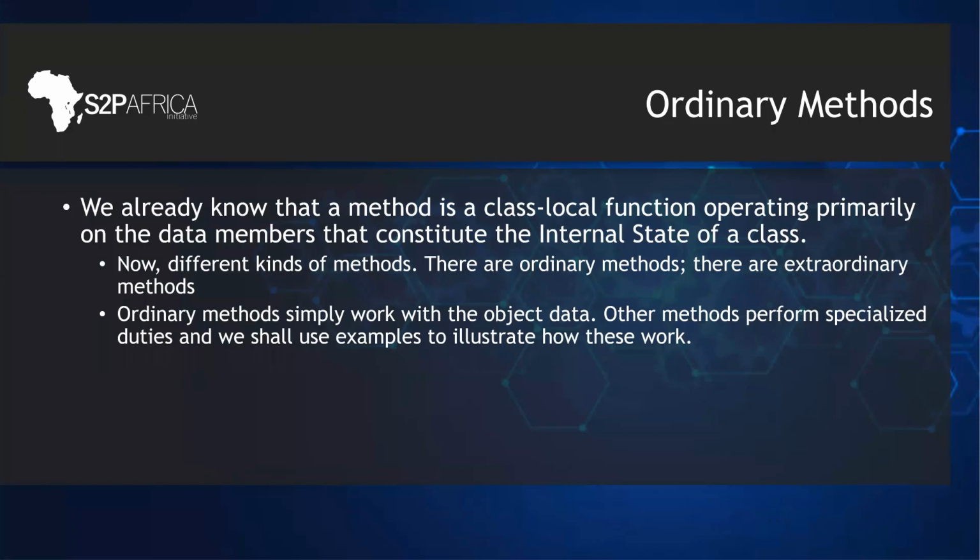The class itself just knows that there's a name, not a particular name. The internal state is a particular name. The internal state is a particular matric. The internal state is a particular set of numbers that the student has scored in particular subjects. That is what we mean by the internal state.